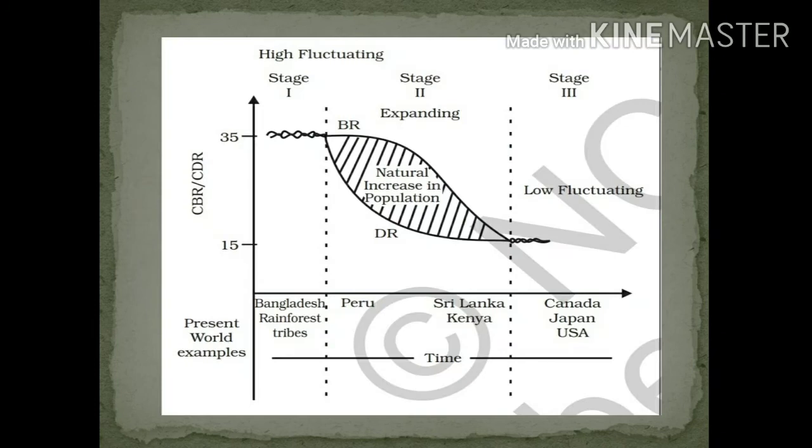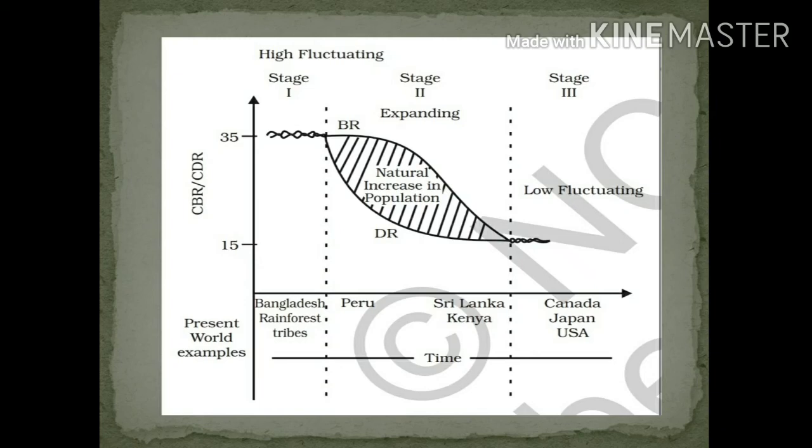Here you can see a graph which is very important. Whenever a question comes related to demographic transition theory, you have to draw this graph along with your answer. This is very important. On the x-axis time is given, and on the y-axis CBR or CDR, that is crude birth rate and crude death rate, is given, in which we have 15 per thousand and 35 per thousand.